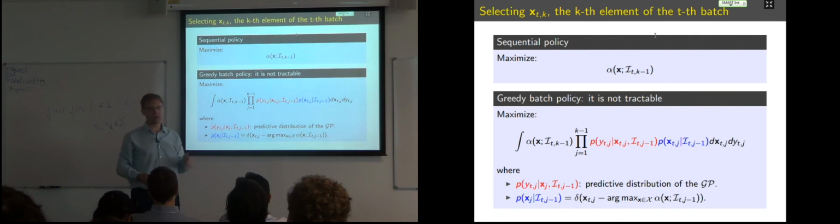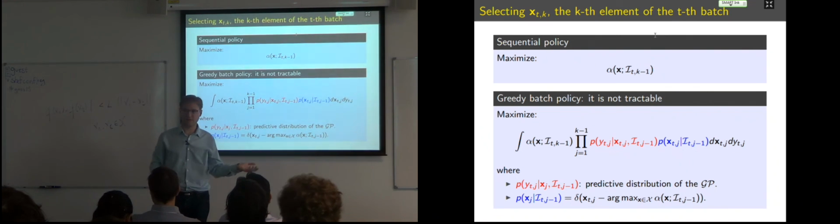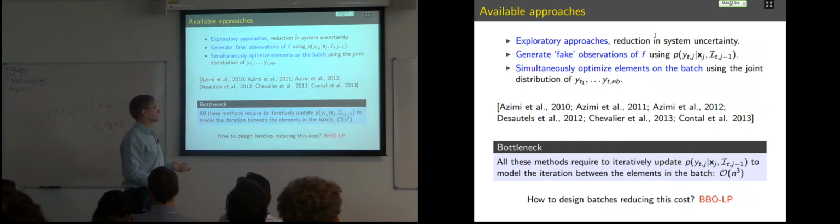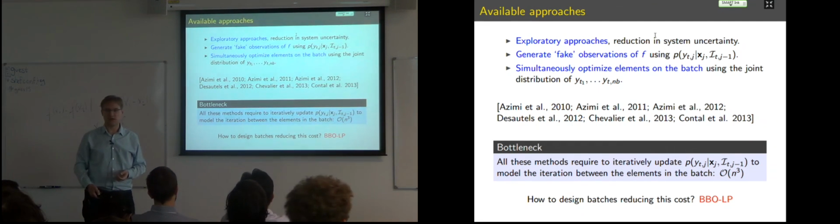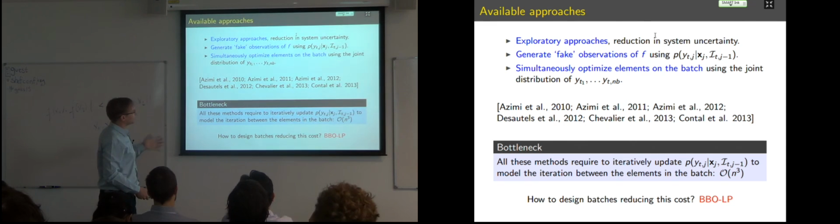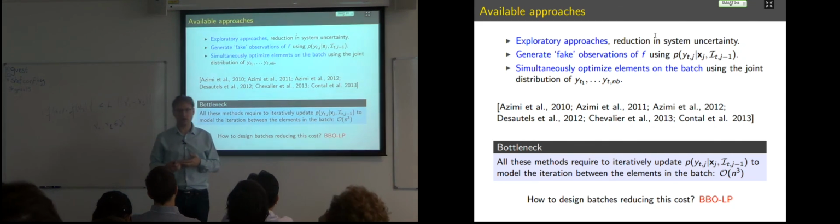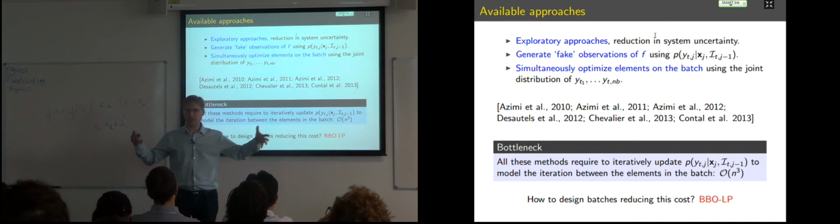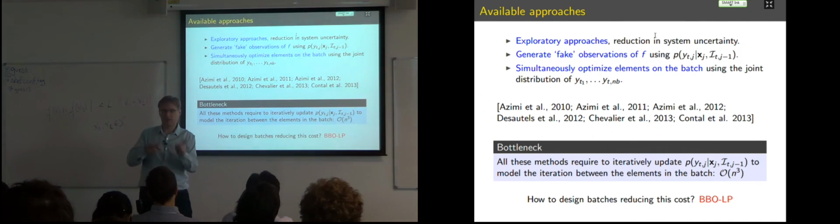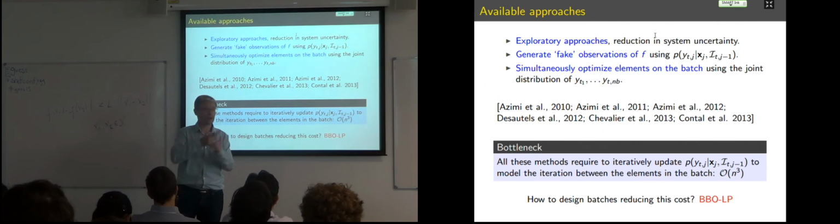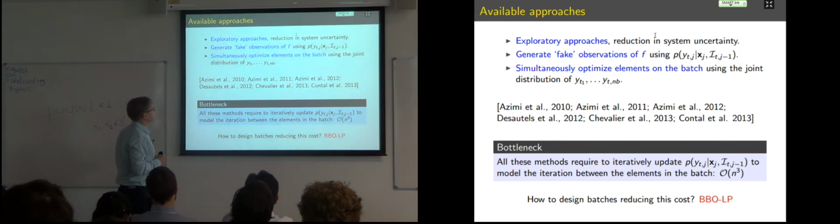This doesn't allow you to collect batches of a very long size, and the literature has been very well aware of this and has tried to come up with different approximations to not having to integrate out these iterative steps that you need to do.